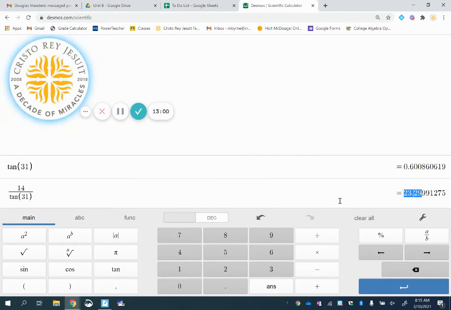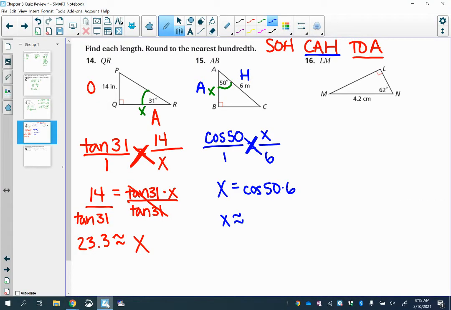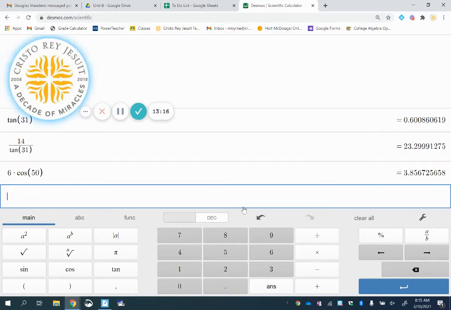If you'll remember what I said previously, when you are doing these problems, I highly recommend always starting with the whole number 6, because then if you don't close your parentheses, it doesn't matter. Whereas if you do it like this, cosine 50 times 6, and you forget to close the parentheses around the 50, it changes your answer completely, okay?